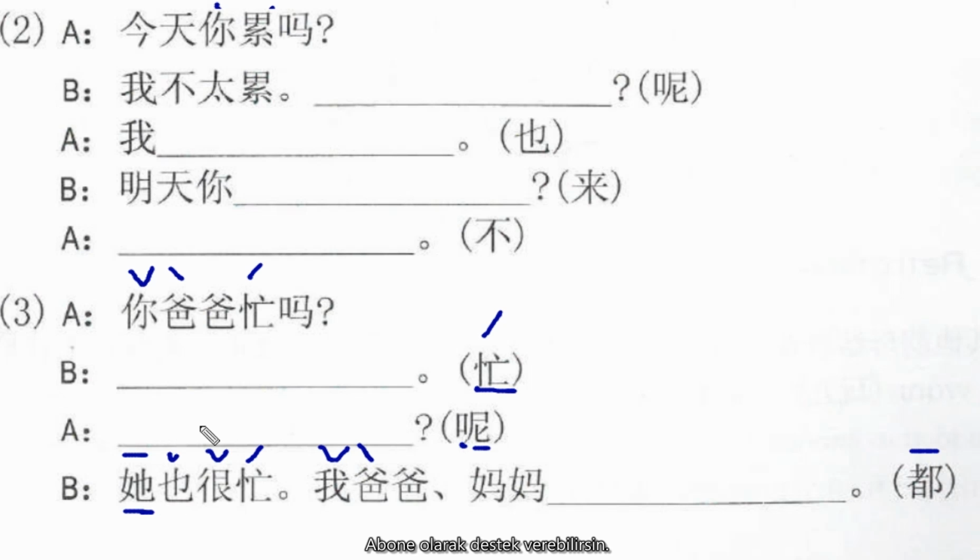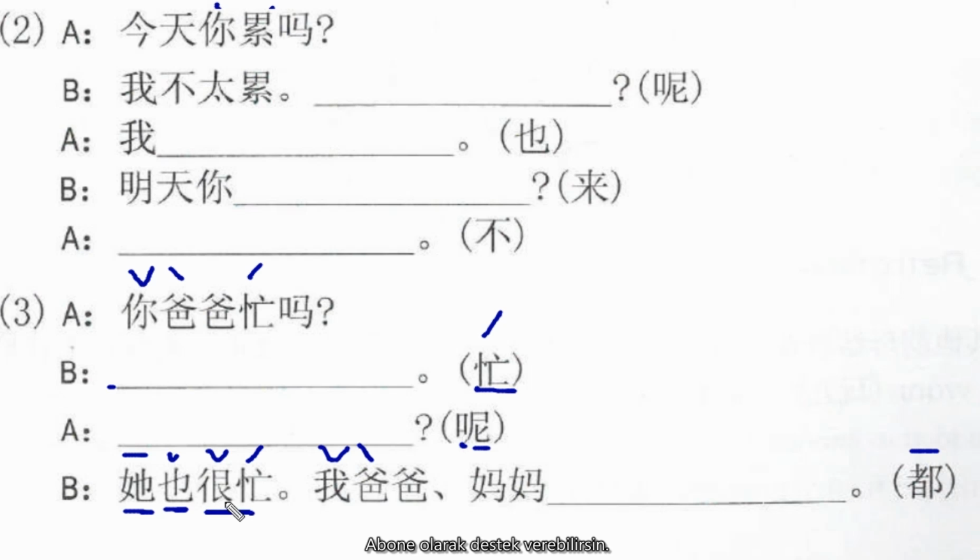So here we should ask like 你妈妈呢, and the answer is ta. It means she, for the mama. Here it's critical. 很忙. If we use ye here, our answer must be the same, right?